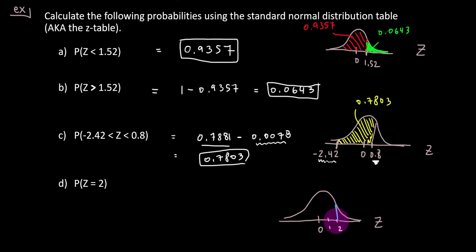Ooh, but there is no region to color in because this says exactly 2. Not greater than, not less than. So remember in the previous video, we need to consider continuous variables over an interval. So the answer here is 0.